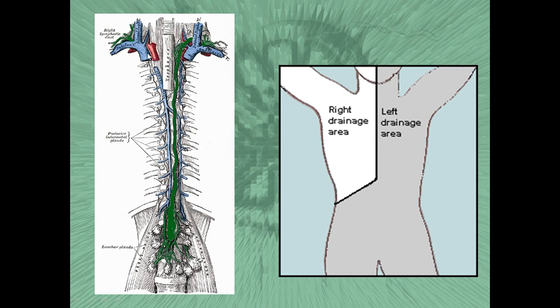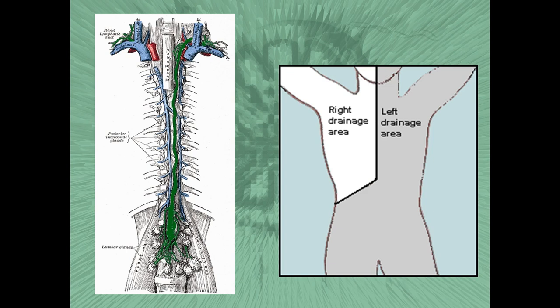Such asymmetry between the thoracic and the right lymphatic duct was formed in embryonic life during the formation of the organs of the mediastinum. So the thoracic duct originates in the abdominal cavity in the retroperitoneal space by the merging of two lumbar trunks. It occurs approximately at the level of the second lumbar vertebra.